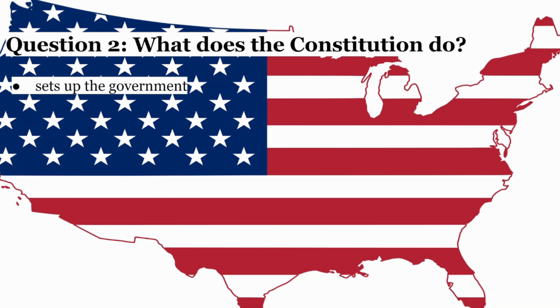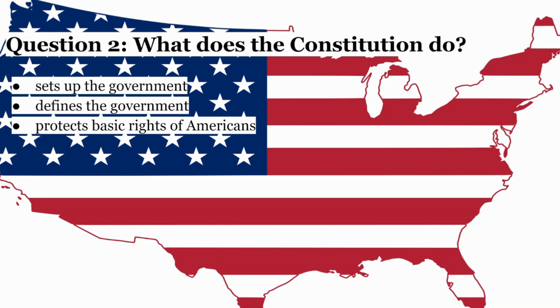So it sets up the government, defines the government, and protects the basic rights of Americans. Remember the previous questions, I explained that the Constitution is sort of like the rule book and the manual. So that means that it sets up the government, so it explains how the government must run, what the branches of government are, how you get elected and such.